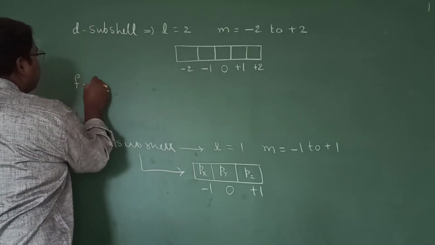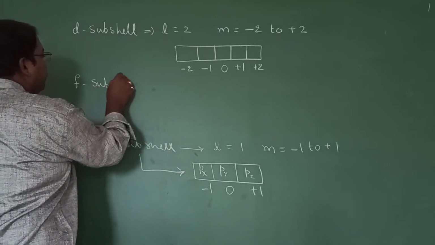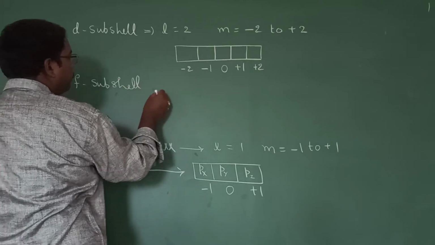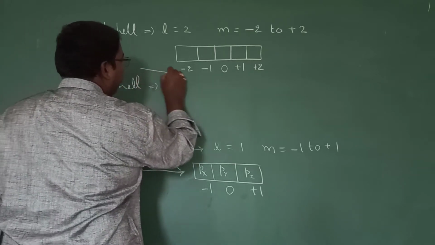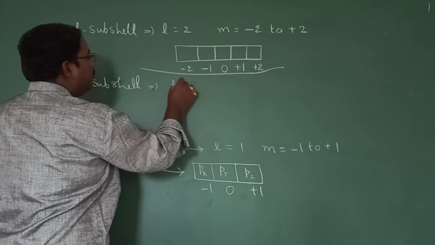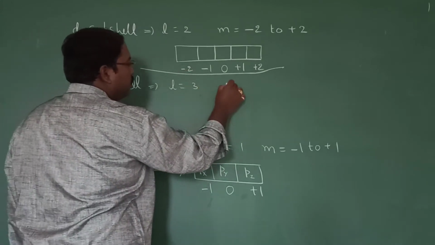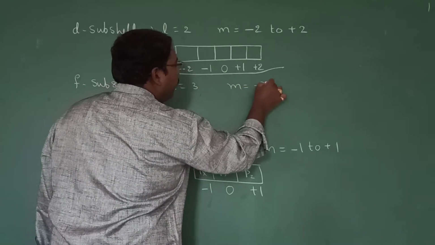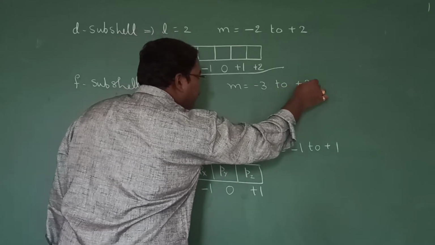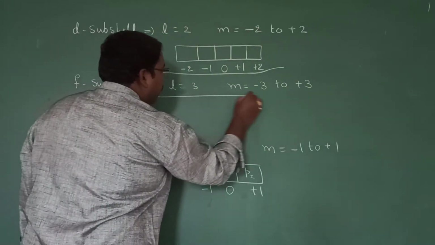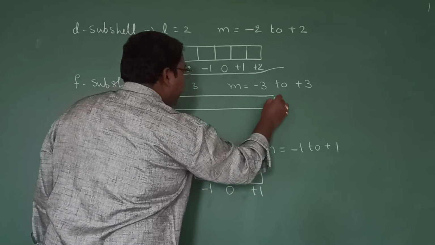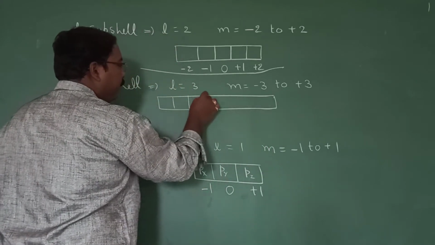Now coming to the last one, the F subshell. What is meant by F? The L value is 3. So the m values will be from minus 3 to plus 3. How many numbers will come between minus 3 and plus 3?